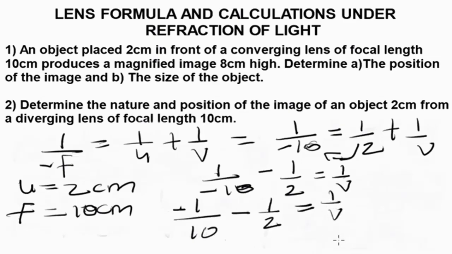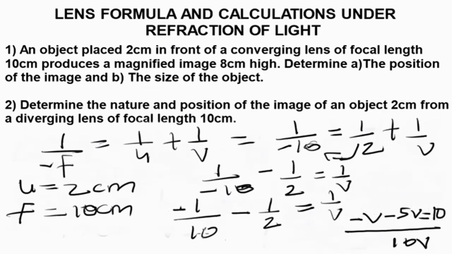So you get the LCM. The LCM of 10 and v will give us 10v. 10v divided by 10 gives v, so v times negative 1 gives negative v. Minus, 10v divided by 2 gives 5v, 5v times 1 gives 5v, equals 10v divided by v gives 10, 10 times 1 equals 10.